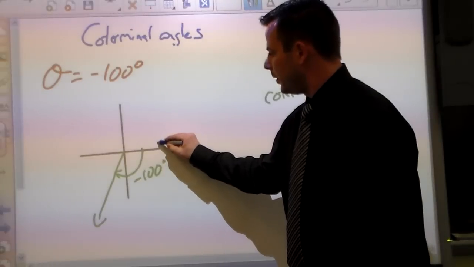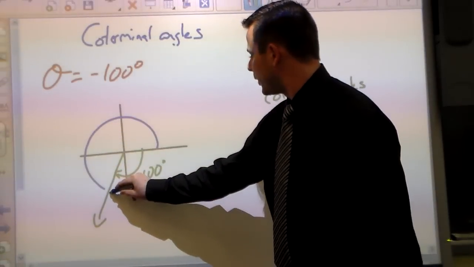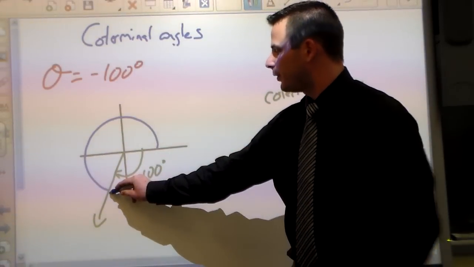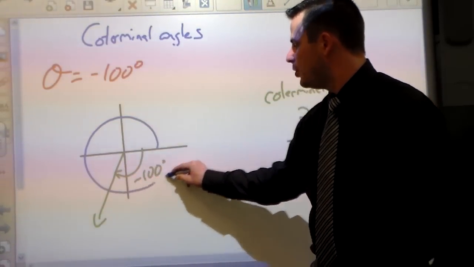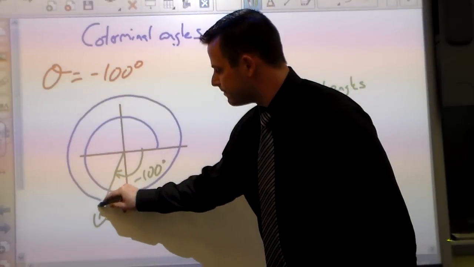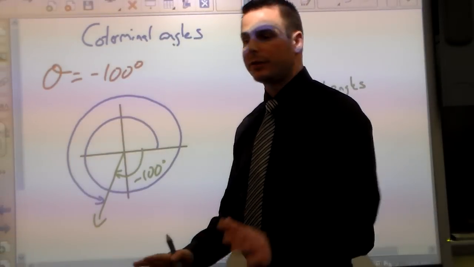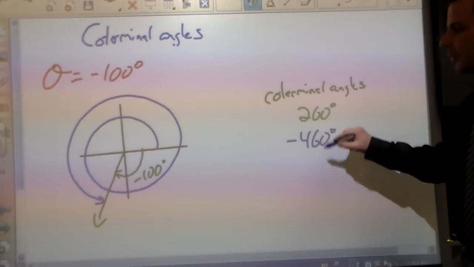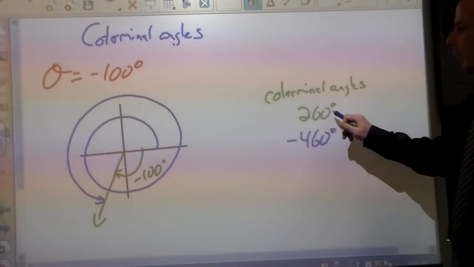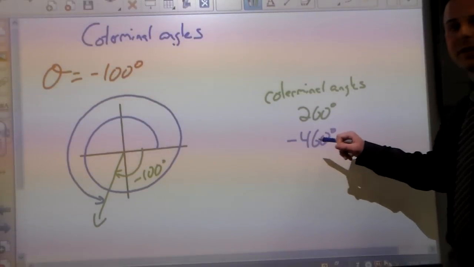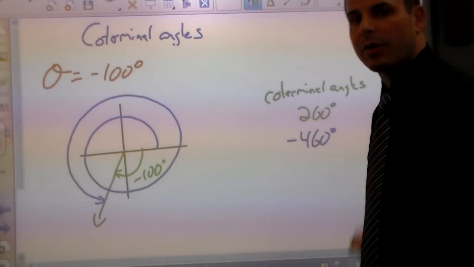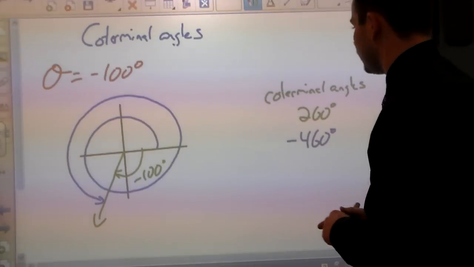So this was a coterminal angle which we already found. That was 260 degrees. Let's go around another 360. Well, that's another coterminal angle, as long as it ends up at the same spot. So the story here is that these coterminal angles, whether it's 260 degrees or negative 460, if you continue traveling another 360 degrees, that will also be a coterminal angle.